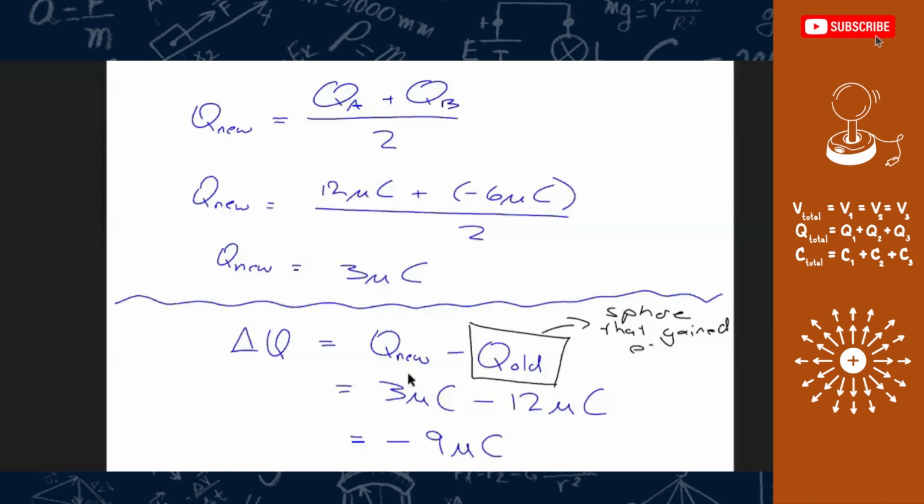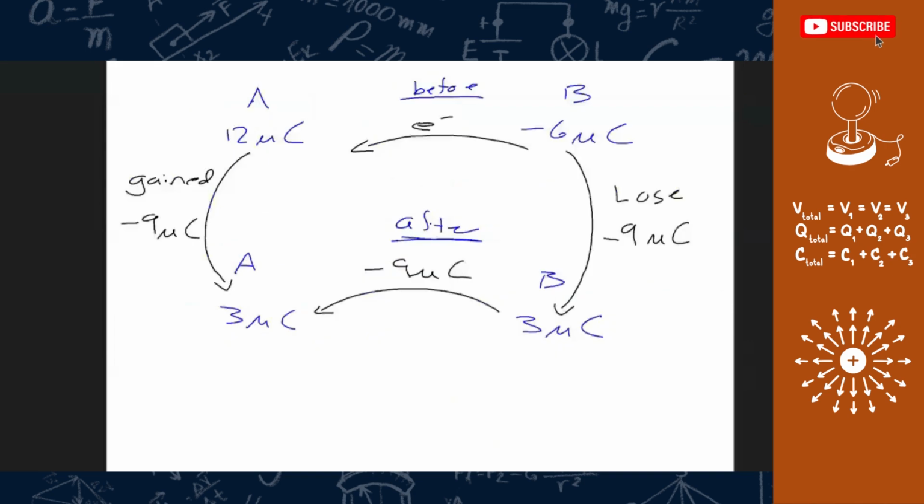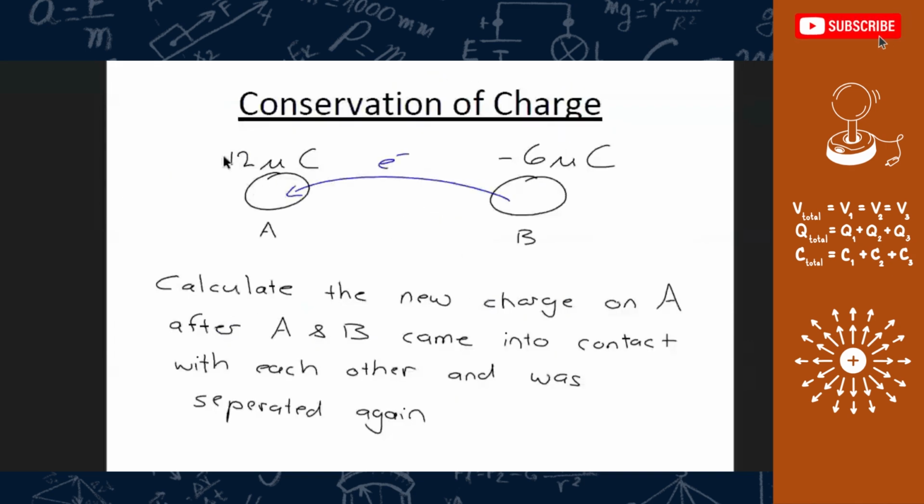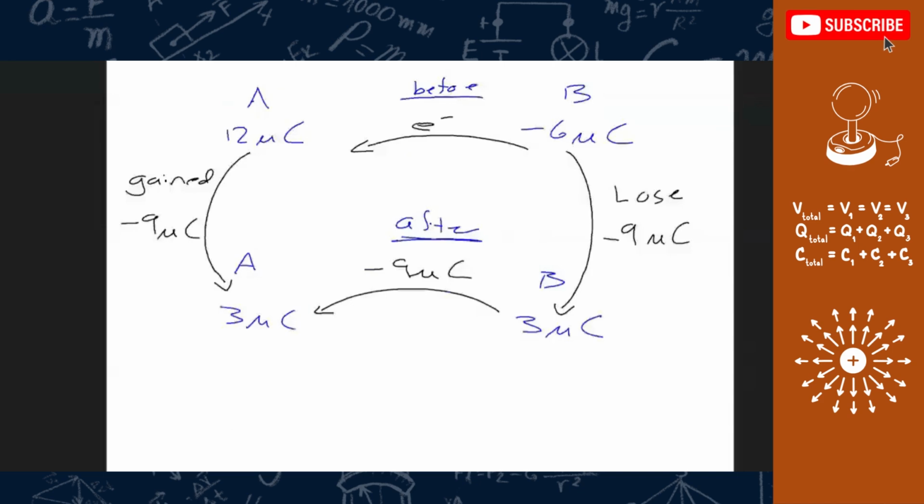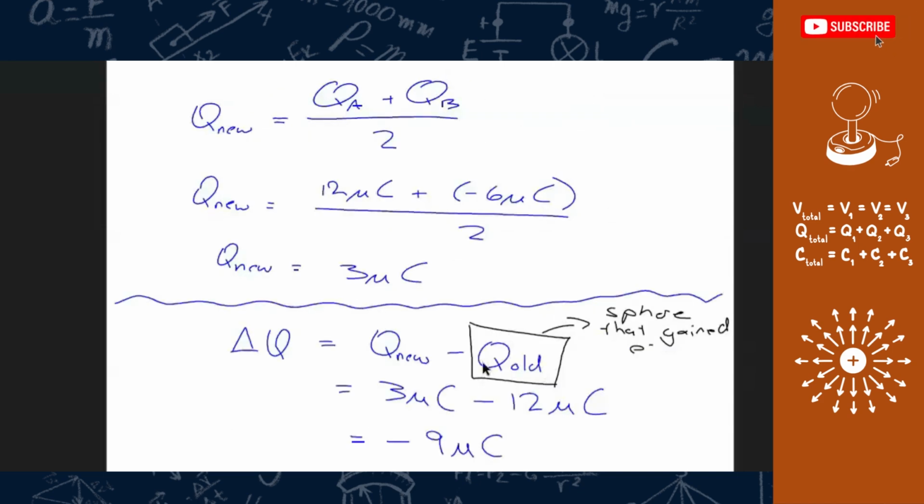If we want to see the change in charge, we say the new charge of either A or B, because it will be the same, minus the old charge. The old charge we use here is that of the sphere that gained the electrons. We said there will be a transfer from sphere B to sphere A, so we use 12 here, and the change is minus 9 microcoulombs.